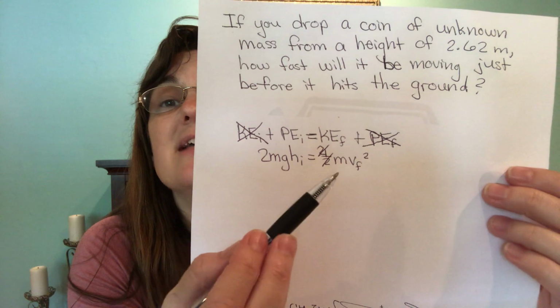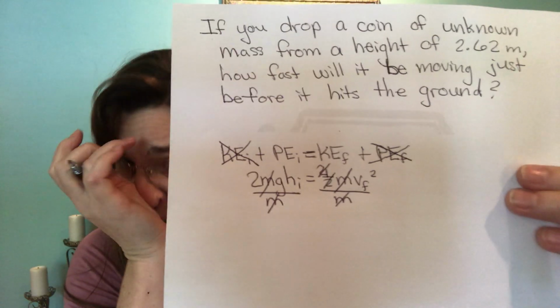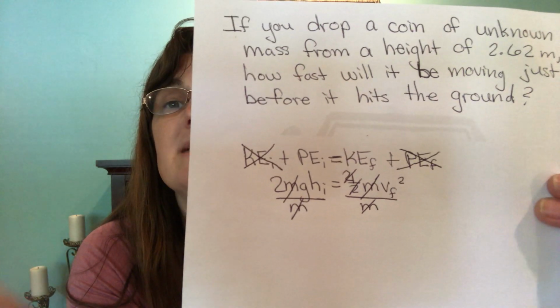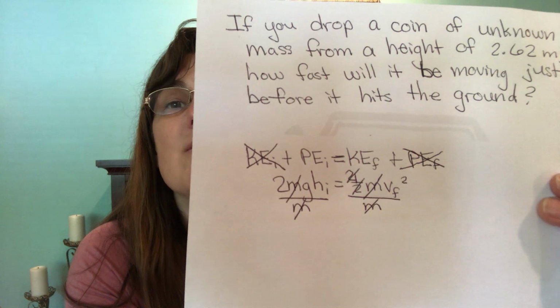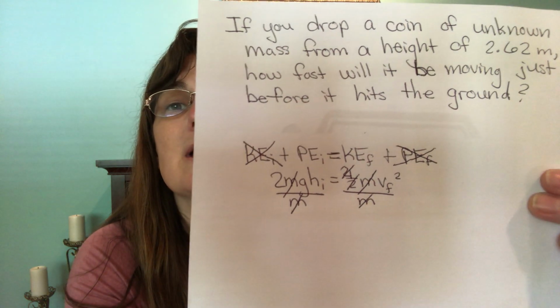Let's get rid of mass. Watch what happens when you get rid of mass, because you need to divide by mass on both sides. And it cancels out not only on one side, but the other side. That's how come we can not care about how much mass it has. And so let's clean this up, because we now really have vf by itself. I'm just going to clean it up and switch the sides on you.